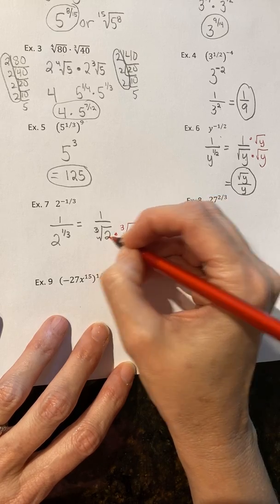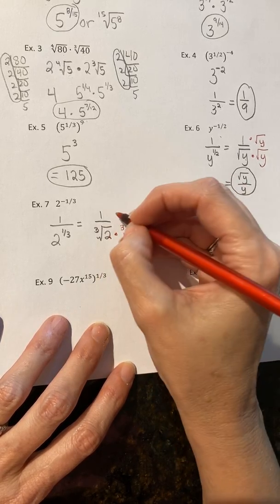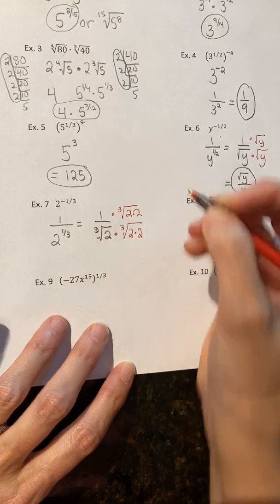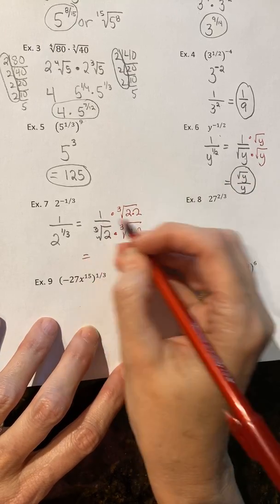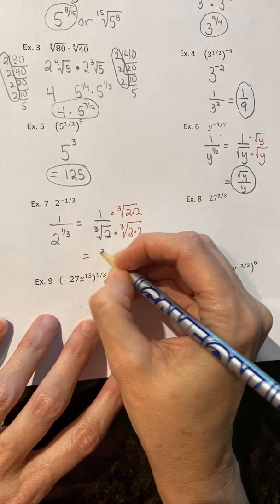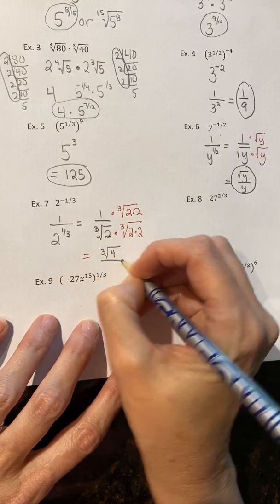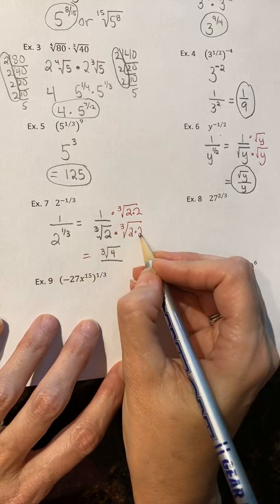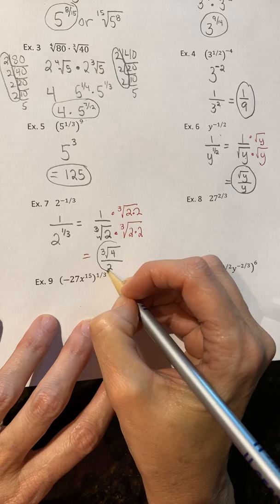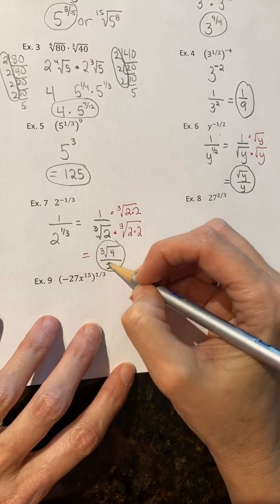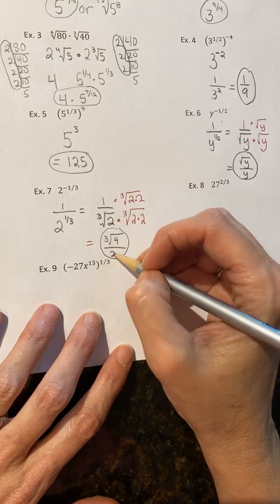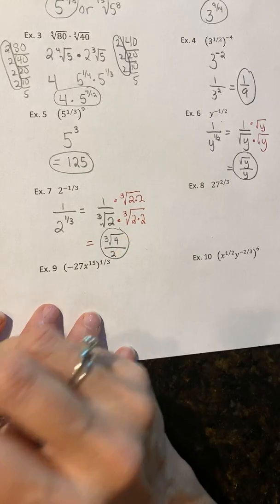You need 3 of them, 1, 2, 3. Whatever you do to the bottom, you have to do to the top. So what you have on the top is 1 times this, so it's cubed root of 4. On the bottom, there's 3 2's, so a 2 comes out. And that is your answer. The reason you can't divide this 4 by this 2 and reduce it is because the 4 is in a radical and the 2 is not, so you can't reduce that.